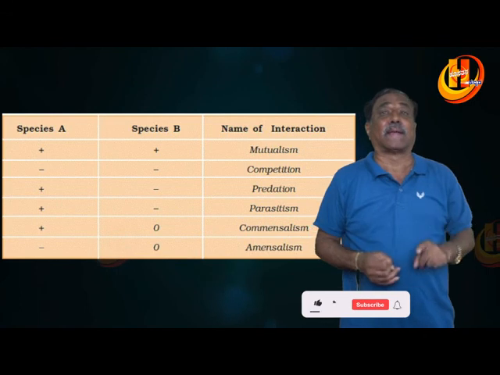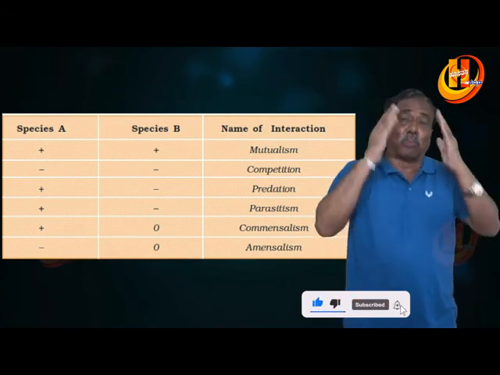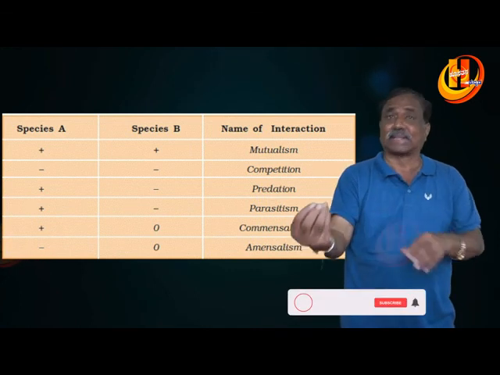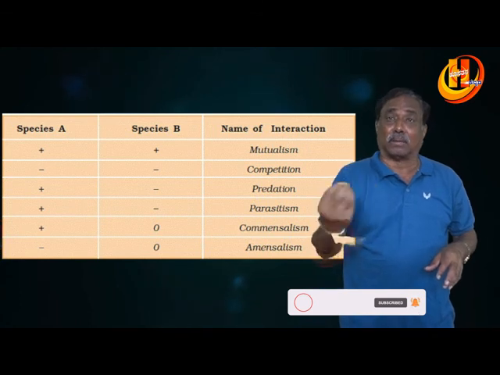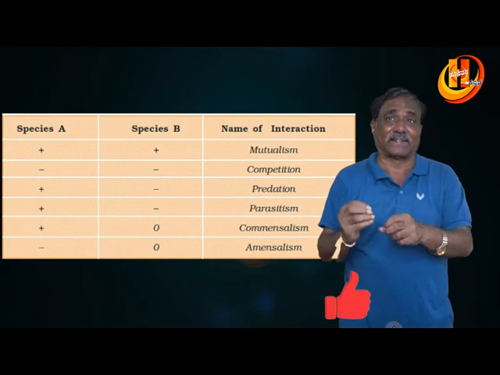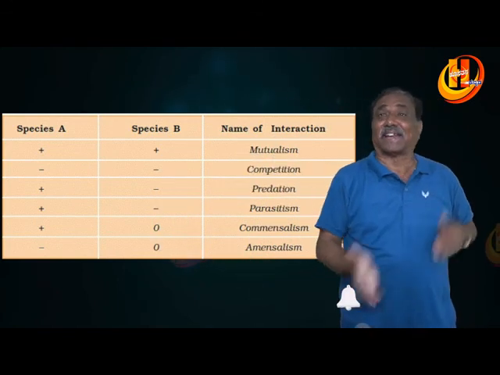And one more example from the animals given in the textbook is the monarch butterfly. The monarch butterfly eats poisonous weeds and obtains the milky substance from the poisonous weeds and becomes distasteful to its predators. That is very important.